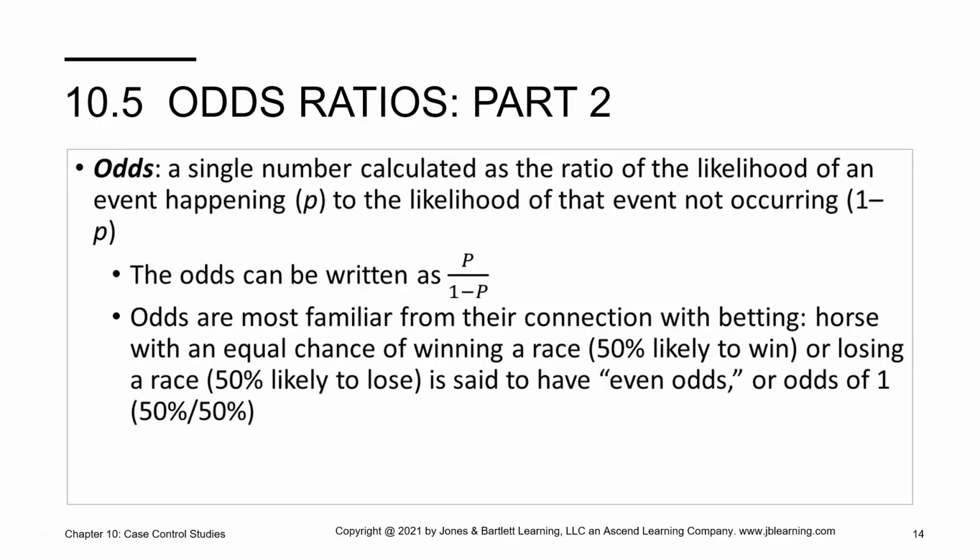And so the odds is P over 1 minus P. Now when you think about odds, you may be thinking about horse racing. And so a horse with an equal chance of winning a race is 50% likely to win. He's also 50% likely to lose. And so if you take 50% and divide it by 50%, your odds are even. So the odds are 1.0.